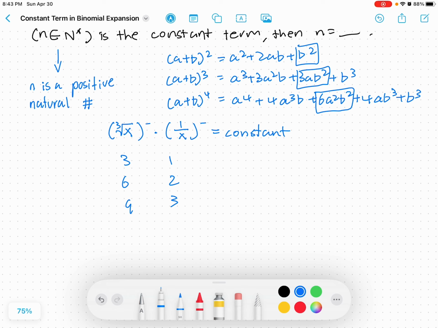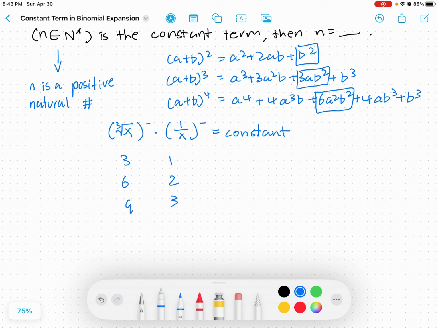So, the cube root of x to the power of 3 equals x. The cube root of x to the power of 6 equals x squared. The cube root of x to the power of 9 is x cubed. 1 over x to the power of 1 equals 1 over x. 1 over x to the power of 2 is 1 over x squared. 1 over x to the power of 3 is 1 over x cubed.